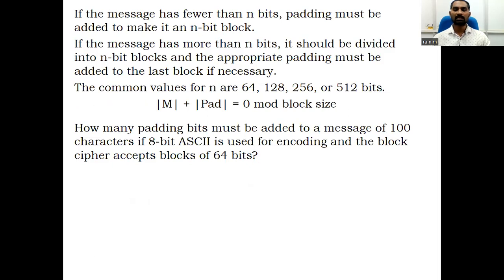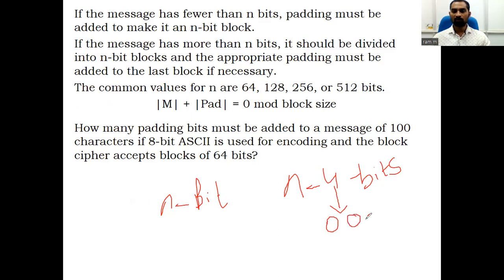Padding helps us when we need to supply n-bit data to the block cipher. For example, if I have n minus 4 bits of data, I cannot supply this n minus 4 bits of data directly. So I will pad it: I'll add 4 bits of zeros to the data.